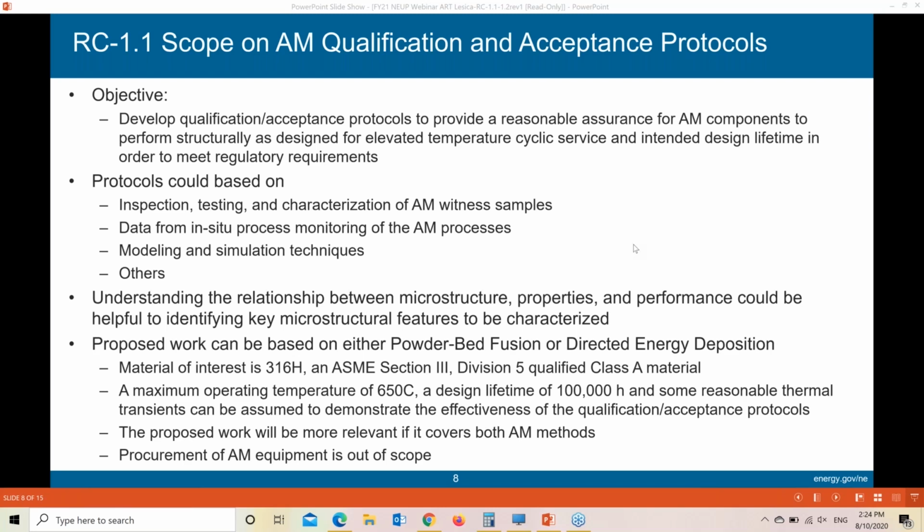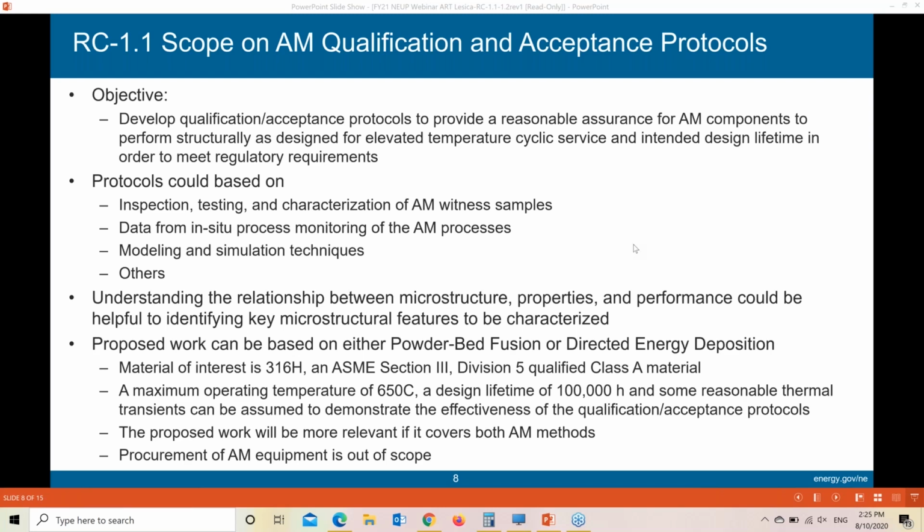So the ultimate goal is to be able to codify that through either ASME or ASTM, so that people will have confidence to have fabricators make a component that can be put into advanced reactor operations.